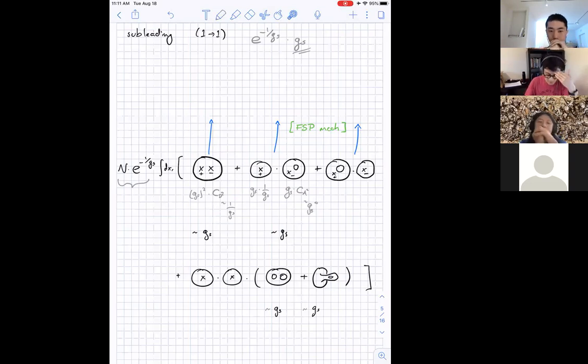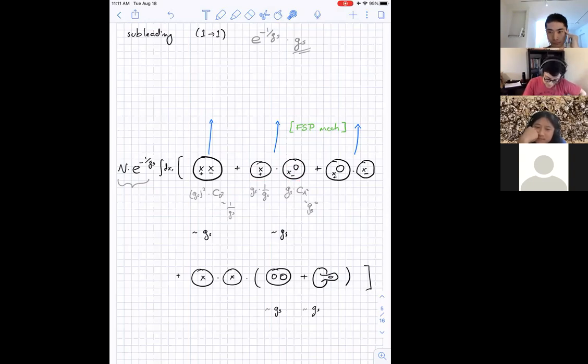So for instance, at next order, we have this 2-point function because we have 2 factors from the vertex operators. And again, this topology gives 1 over g_s, so this whole thing is of order g_s. And interestingly, we have a disconnected diagram for a 1-point function times an annulus 1-point function, which, as we already saw, is order 1.